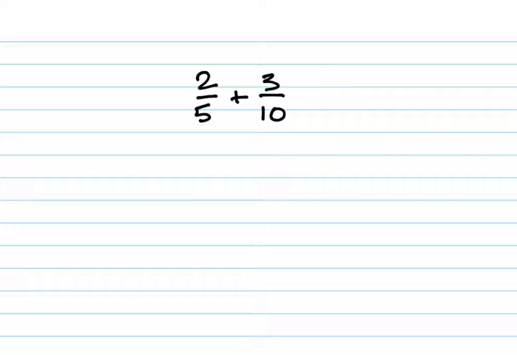Jeffrey. Yes, sir. What operation is indicated here? Addition. Addition. Okay. The next most important thing that you can do is ask yourself what kind of numbers you're dealing with. Because do whole numbers behave like fractions? No. Do fractions behave like decimals? No way.